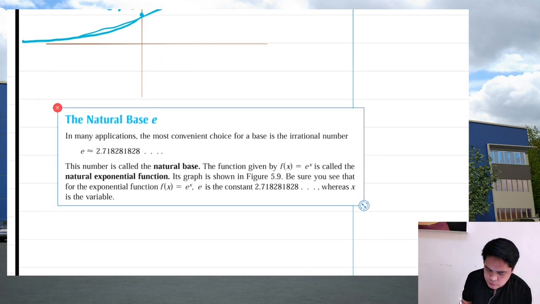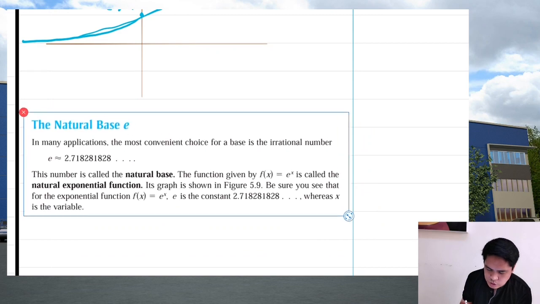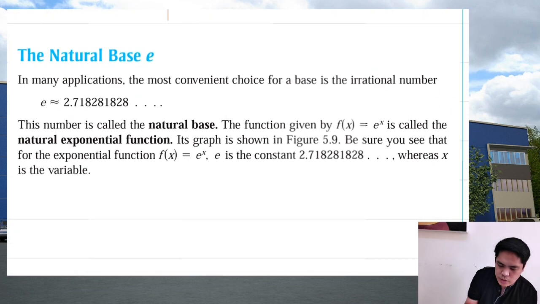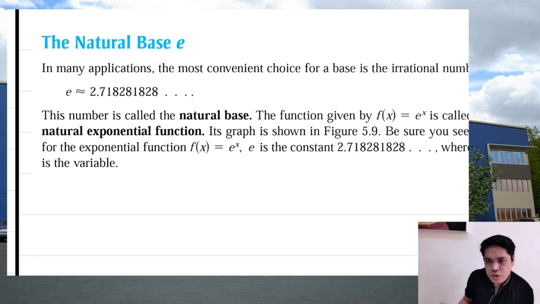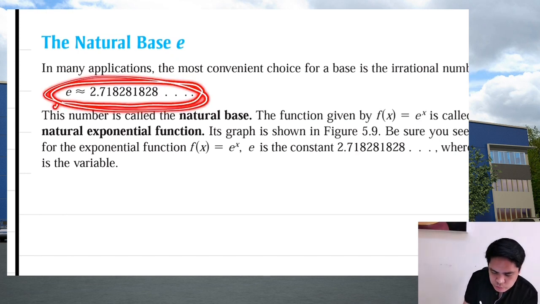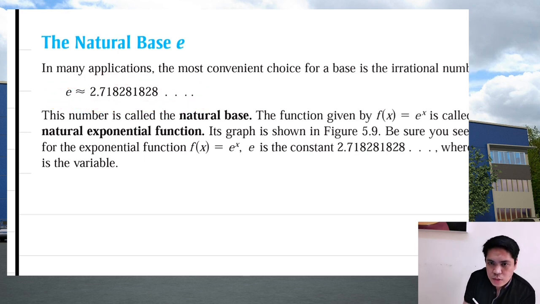Okay. So we have this natural base E, or this is the Euler's constant. E is Euler's constant with this value, 2.7182818828 and so on.